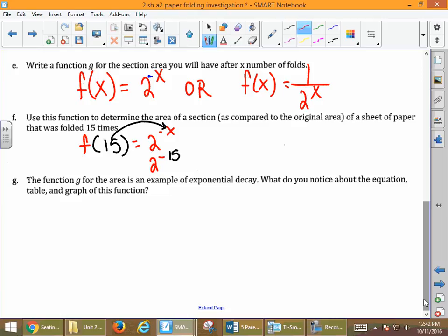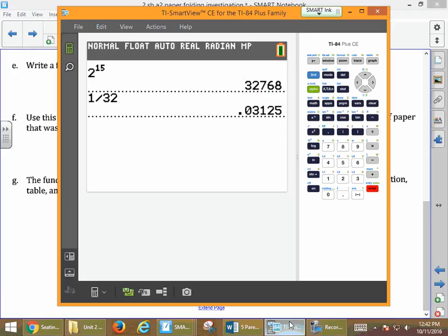Again, not something that we're expecting us to know. If we type that in our calculator, 2 to the negative 15 gives us that. Which means nothing. It's, by the way, in scientific notation.